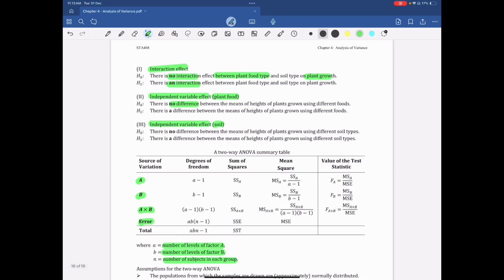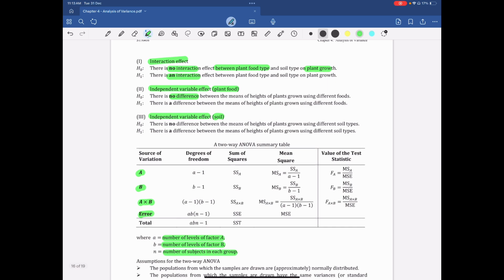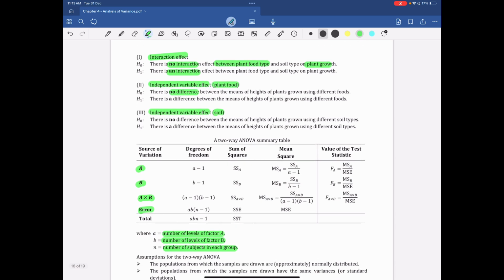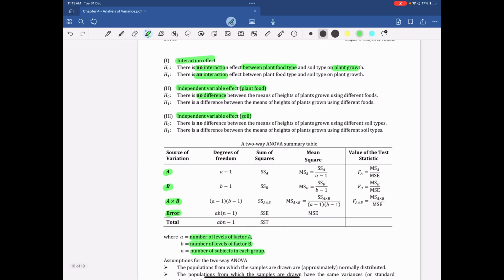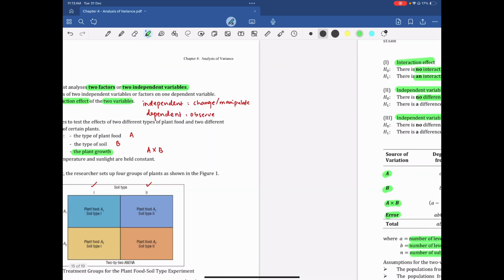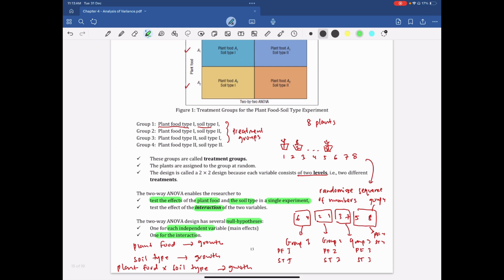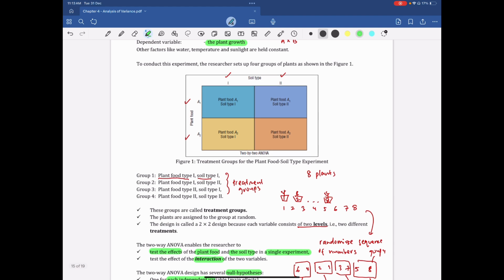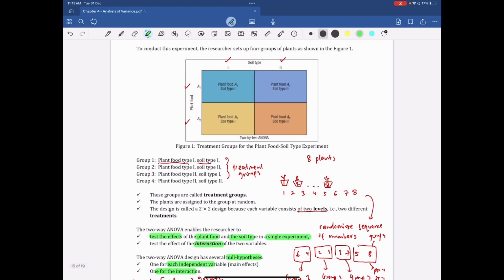So for this particular example, how many levels of plant food? You have two, so A equals 2. How many levels for soil type?